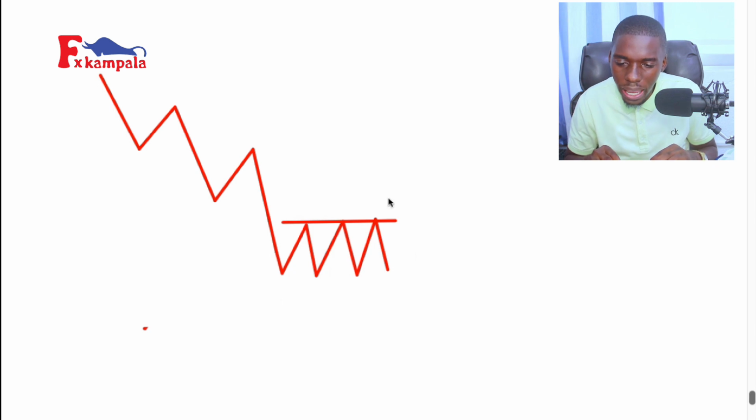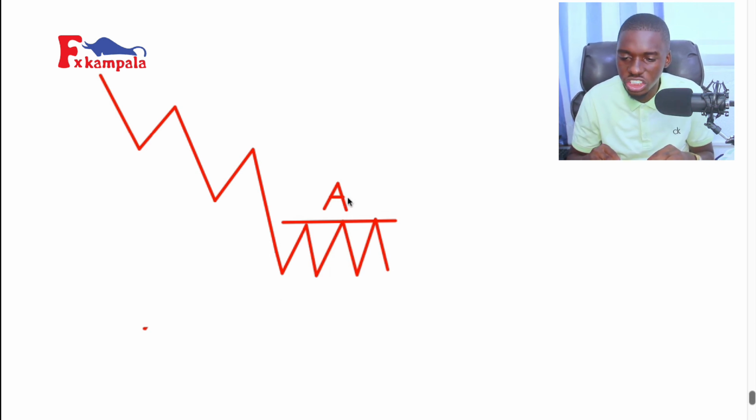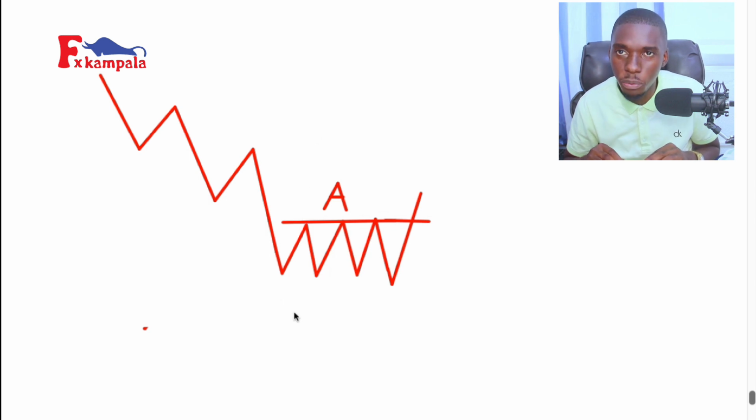When we identify this, it becomes accumulation, or A. When you see such a formation on your chart, the next thing you need to wait for is what we call a liquidity swipe: a move from down, opposite to the entire trend, that surpasses this resistance, or this liquidity. This section we have referred to as accumulation.